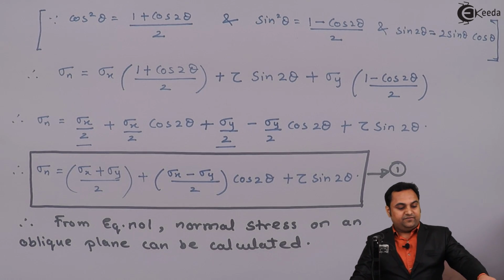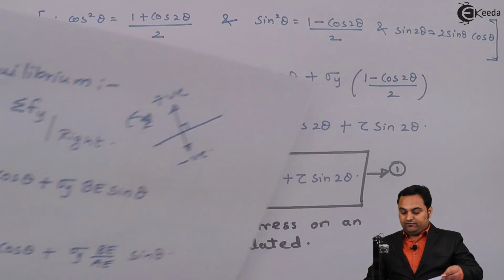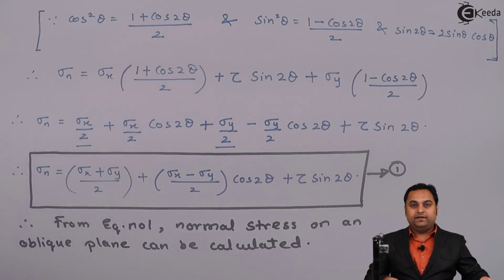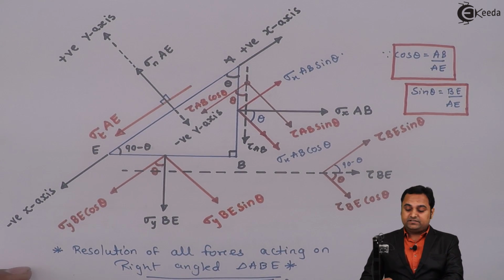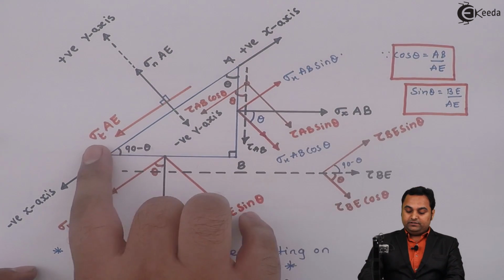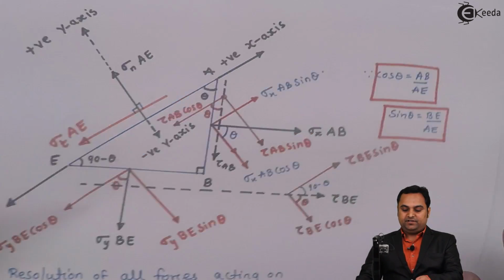Next, as I have used the first condition of equilibrium to get the formula of sigma n, now I'll use the second condition of equilibrium, that is summation of Fx, to get the tangential component or tangential stress sigma suffix t.